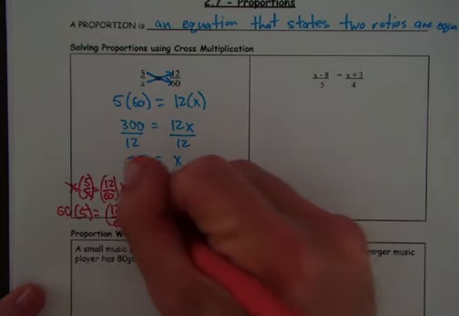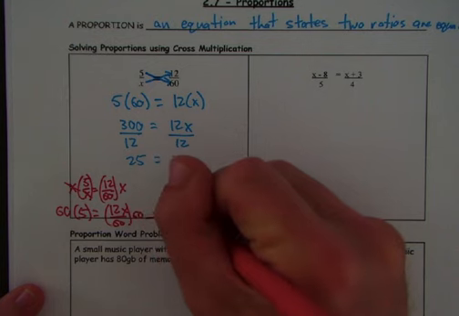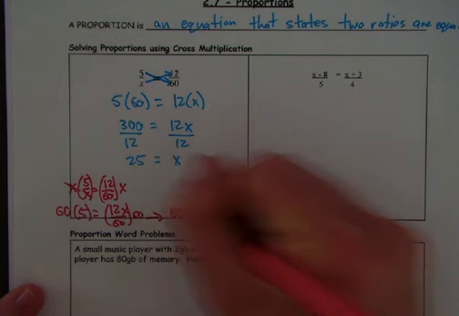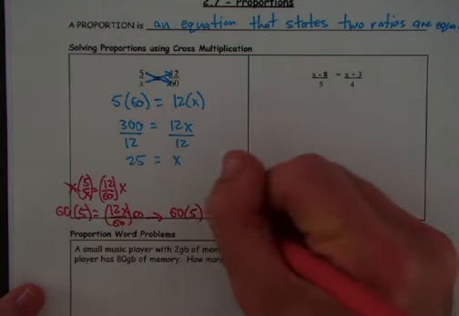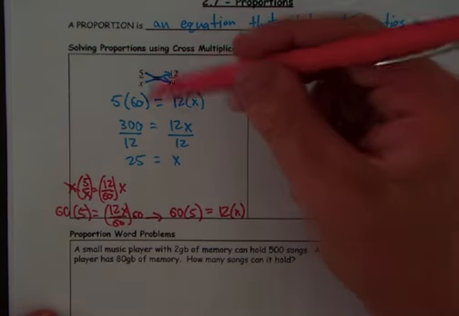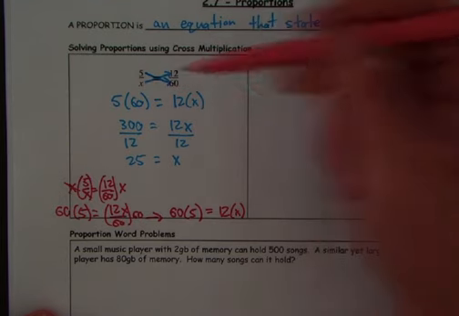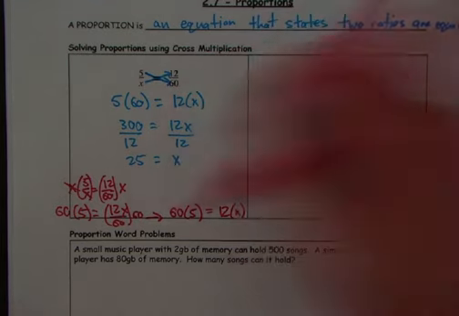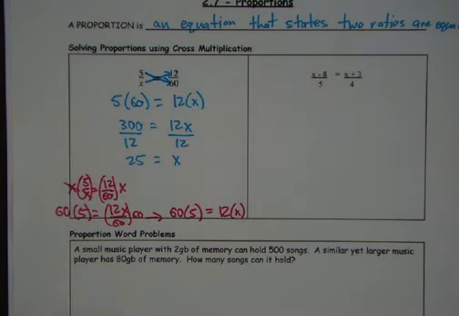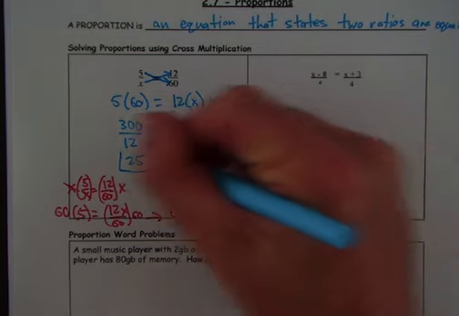Guess what we're left with? I'm just going to draw an arrow. Over here we've got 60 times 5, and that equals 12 times x. Well, that's what we got here. So cross multiplying, top one side times the denominator of the other, denominator one side times the numerator of the other, just saves us going through that whole step. Okay, so solve that, we get x equals 25.